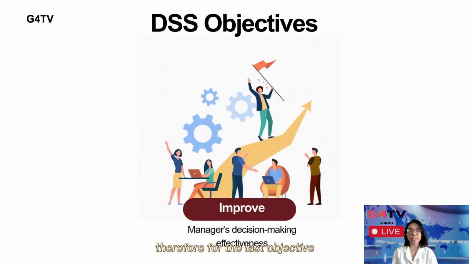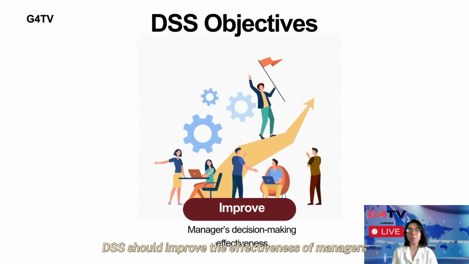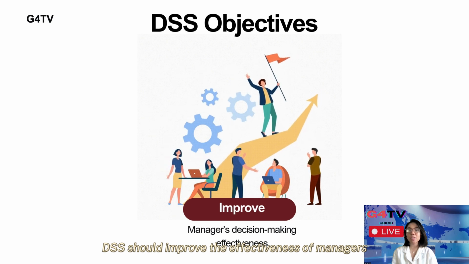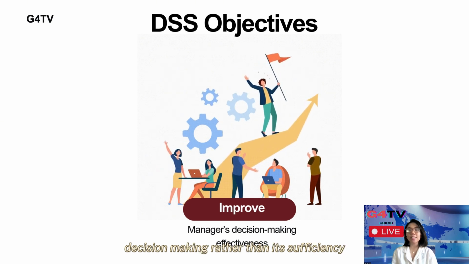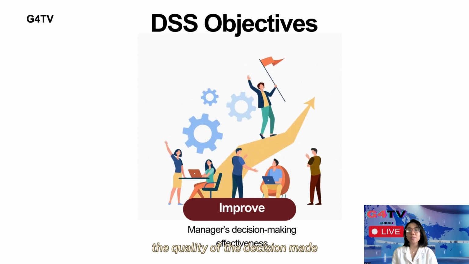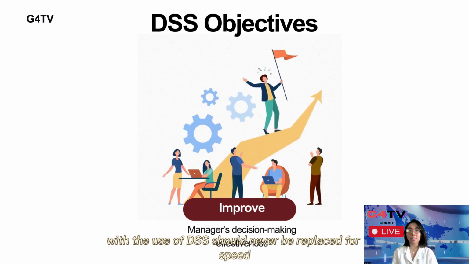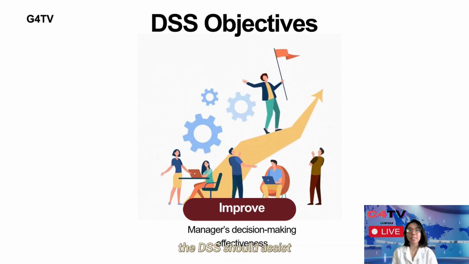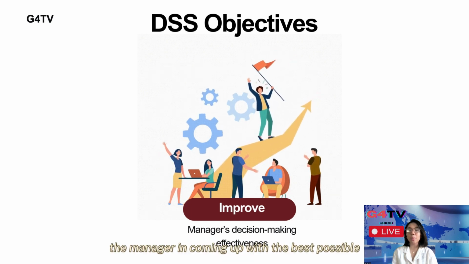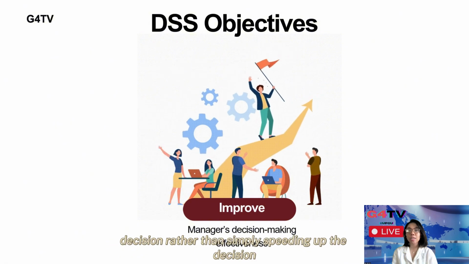Therefore, for the last objective, DSS should improve the effectiveness of managers' decision-making rather than its efficiency. The quality of the decision made with the use of DSS should never be replaced for speed. The DSS should assist the manager in coming up with the best possible decision rather than simply speeding up the decision-making process.